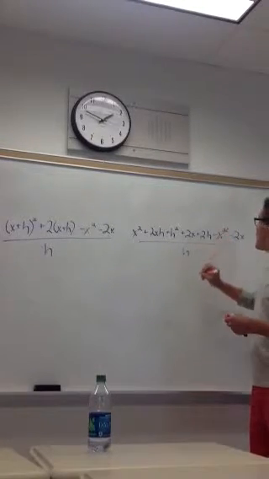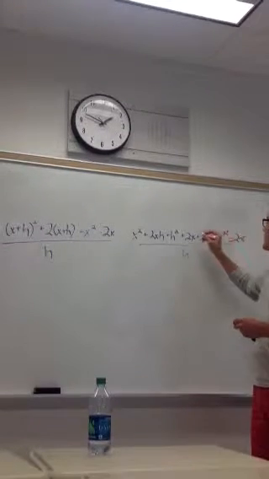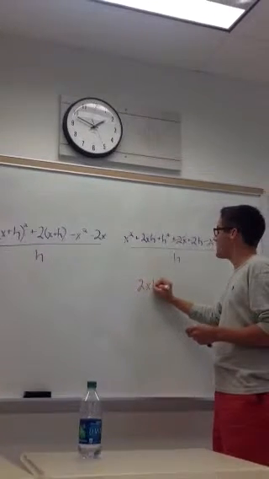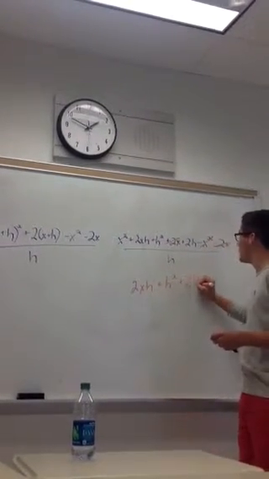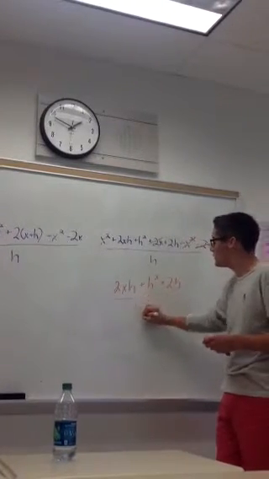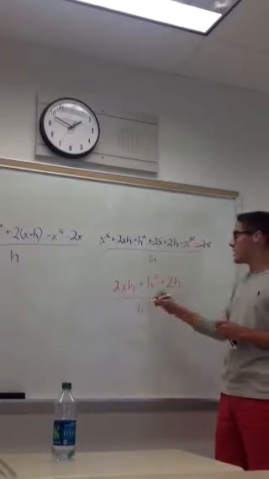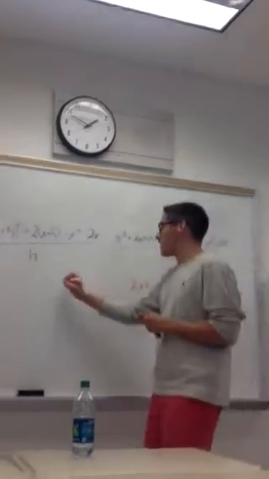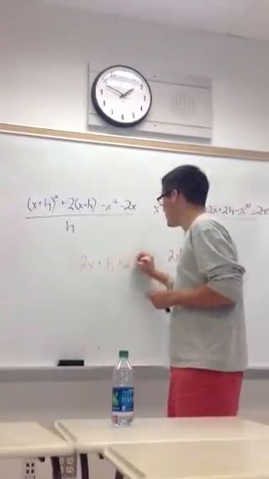We have negative x squared cancels x squared, and negative 2x cancels our positive 2x, which leaves us with 2xh plus h squared plus 2h over h. If you notice, all of our terms and our denominator have an h in it, so we can cancel those h's out pretty easily, which leaves us with our final answer of 2x plus h plus 2.